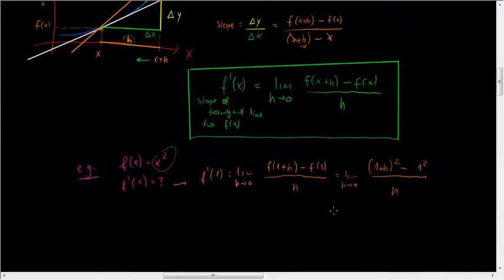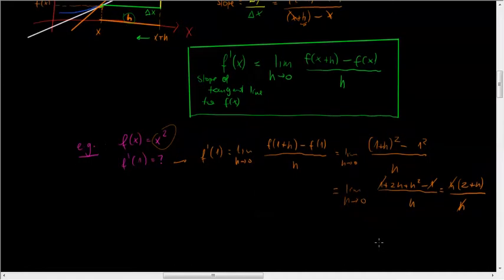which will be 1 plus 2h plus h squared minus 1 divided by h, and this equals h times 2 plus h divided by h.